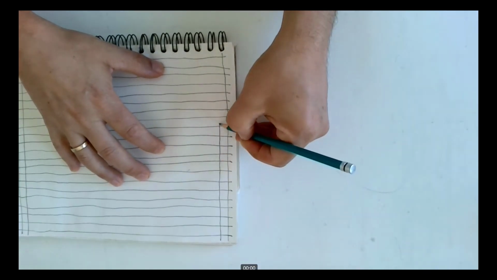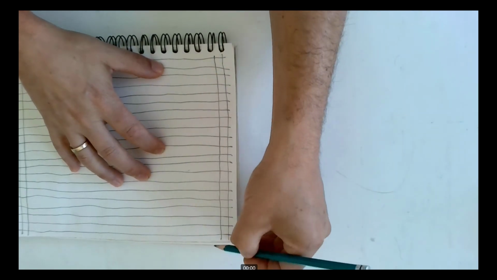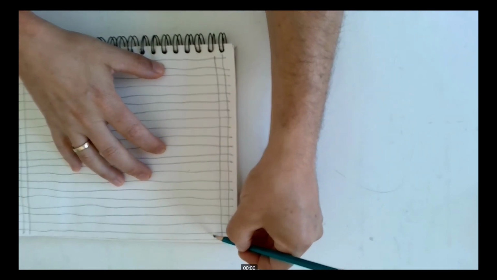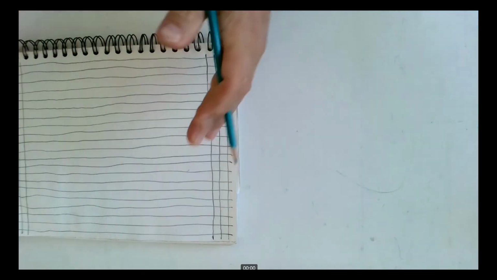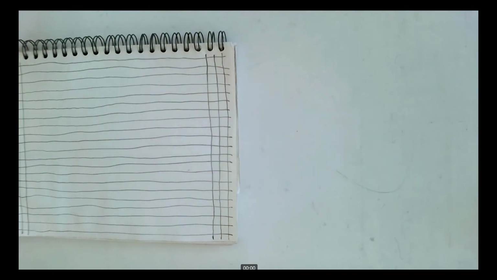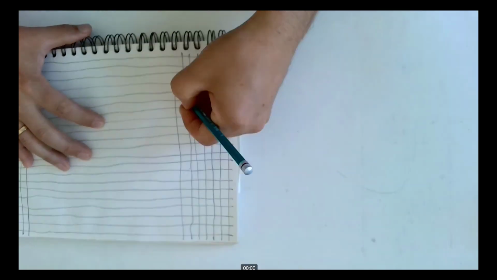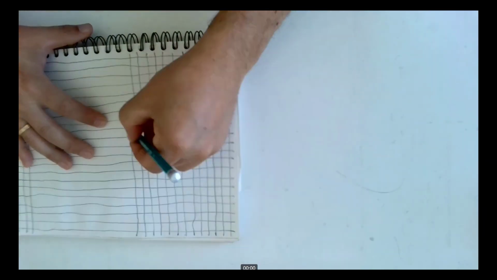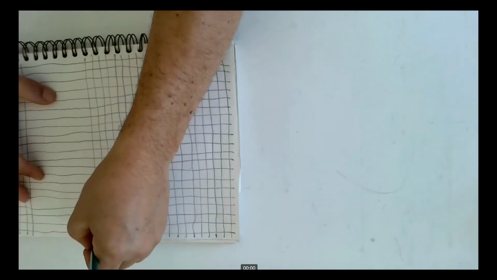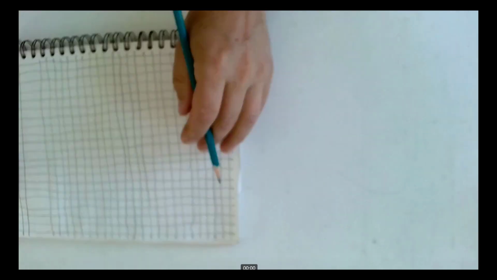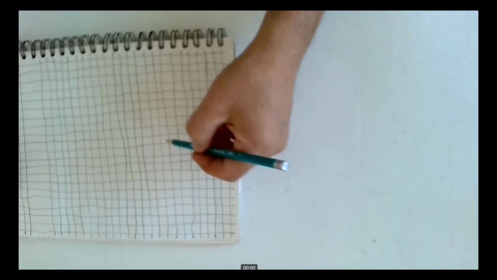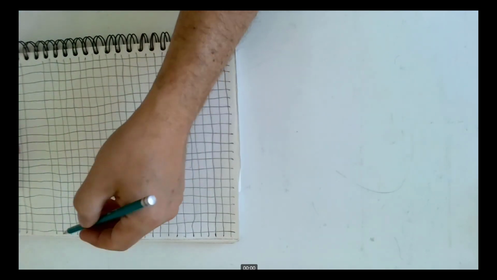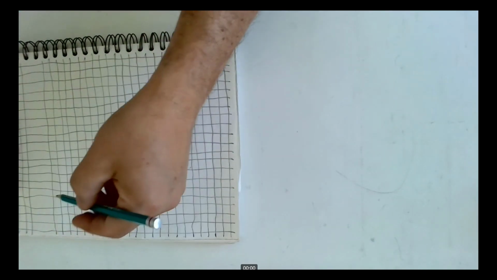It's very vintage, but anyway, you can continue and fill the sheet with these lines to make a complete grid. As you can see, I don't have a very consistent line all the time, but I'm pretty close. This is a pretty good grid.